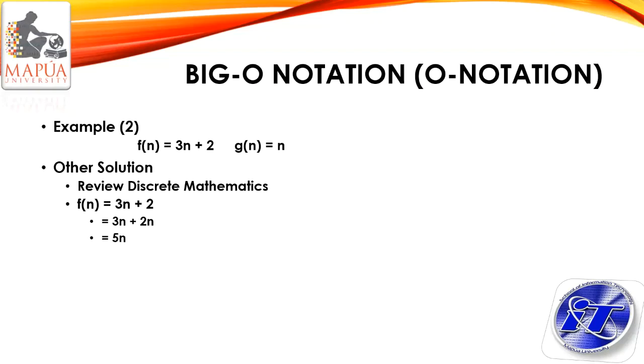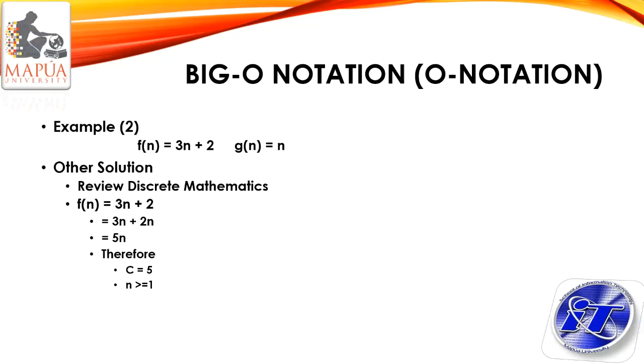So therefore, 5n is bigger than 3n plus 2 when we introduce n to your 2. So this could be considered as your c times g at n, wherein c is equal to 5 and n is greater than or equal to 1.